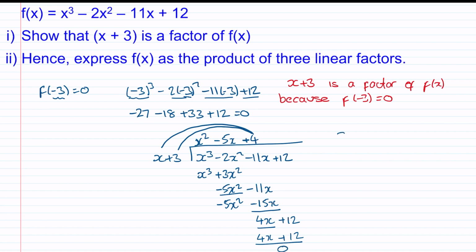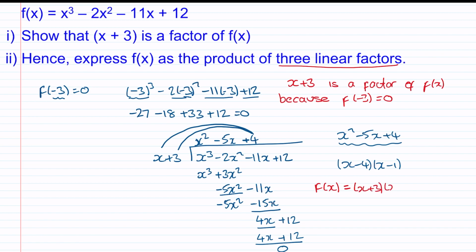So we know x squared minus 5x plus 4 is a quadratic factor, and we can factorize this quadratic to make x minus 4 and x minus 1. So finally, we can now write f of x as a product of the three linear factors, and these are x plus 3, x minus 4, and x minus 1.